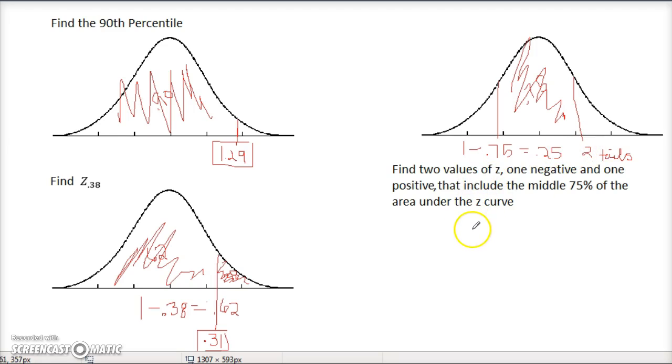For one tail, we have 0.25 divided by 2, which is equal to 0.125 in each tail. So this is each tail.